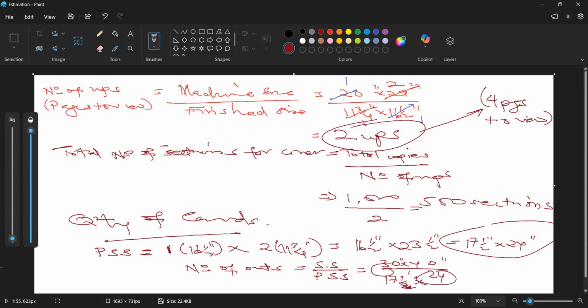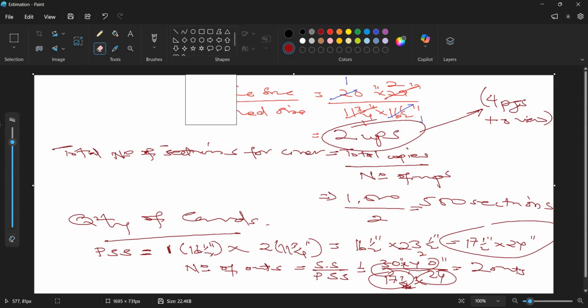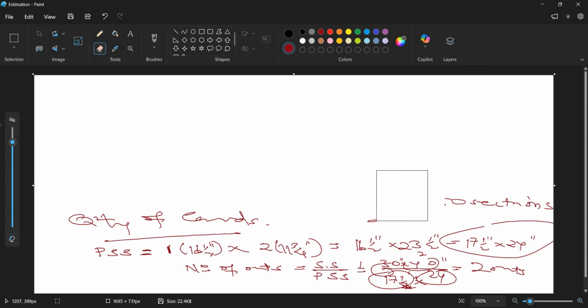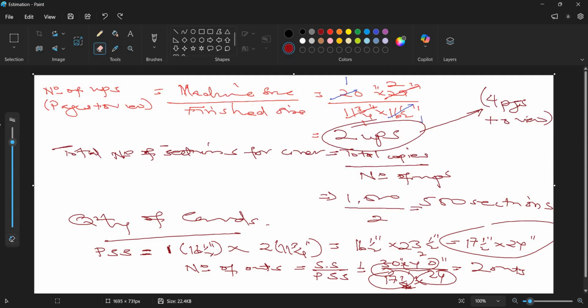So this into this 1, this into this 2. Then we have 2 outs. Alright. So 2 outs are, how many sections do we have in all?